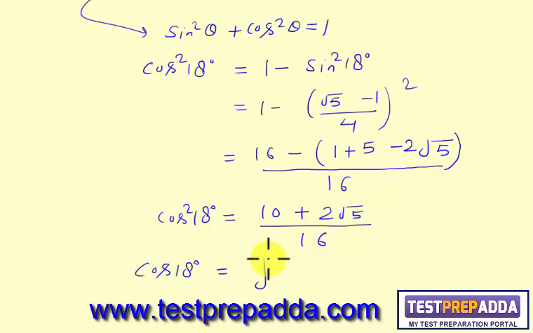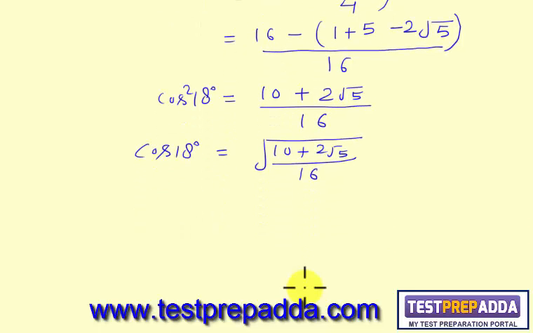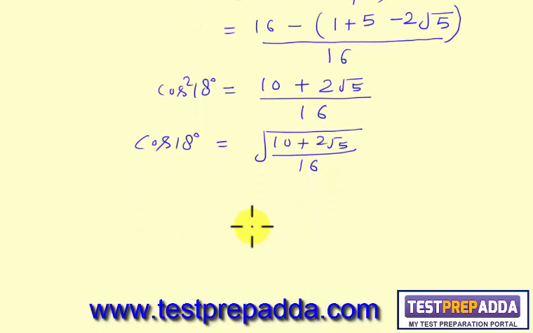It will become root of 10 plus 2 root 5 upon 16. I'll not consider a negative value. So the result will look like root 10 plus 2 root 5 upon 4.